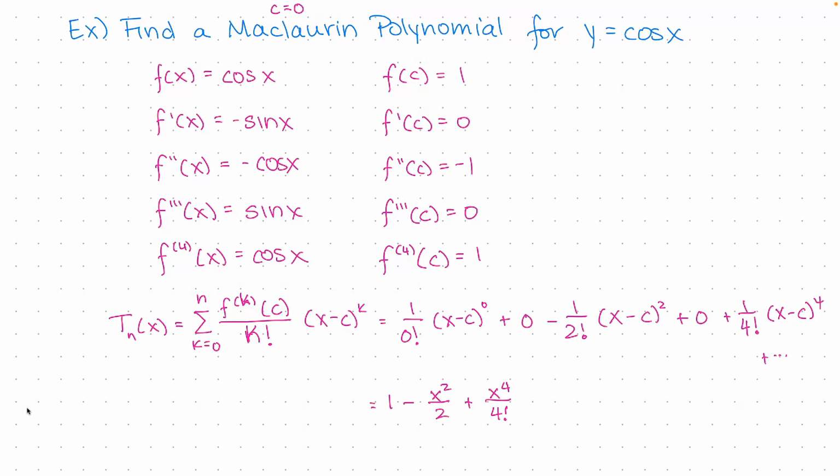And then we'd have another term with a 0. And then it would be minus x to the 6th over 6 factorial plus x to the 8th over 8 factorial, and it would just keep going. Kind of nice, huh?